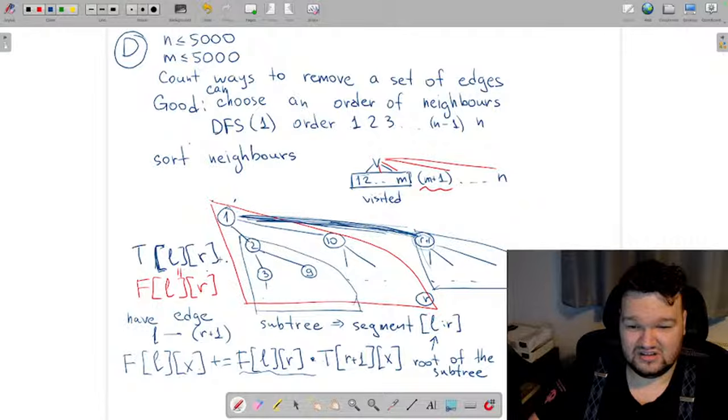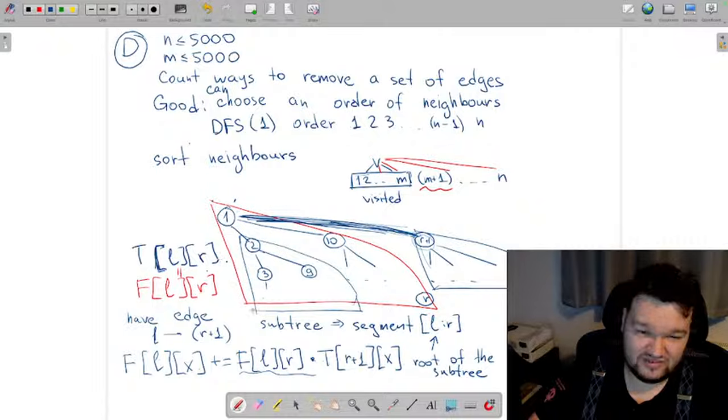And all the edges that are not from L, like we are considering further down, we're trying to remove every edge when we consider the left end point of the edge as the root of the tree. And what edges we can remove and or not remove.